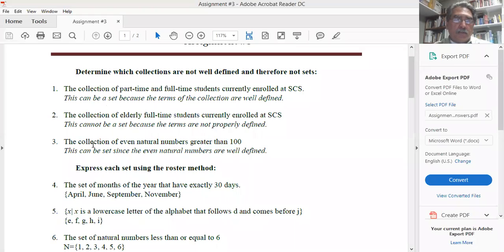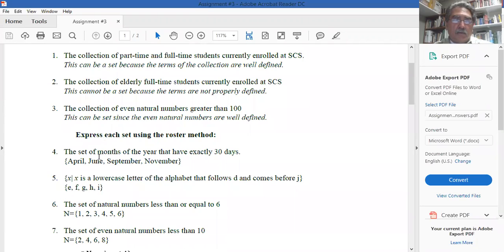Okay, so again, we talked about number 1 and 2 and 3. Here, regarding question number 3, it says the set of months of the year that have exactly 30 days. So you look at which month of the year has exactly 30 days. There are April, June, September, and November.